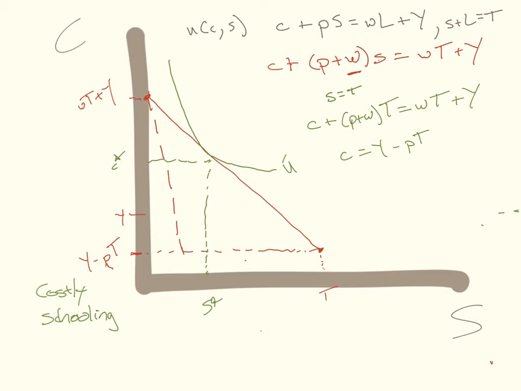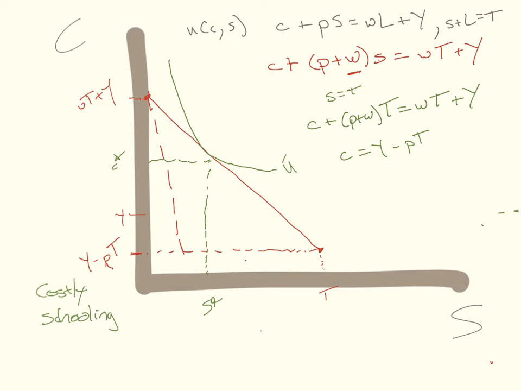So notice, with a change in wages, W, the intercept, when all available time is spent on schooling, doesn't change.